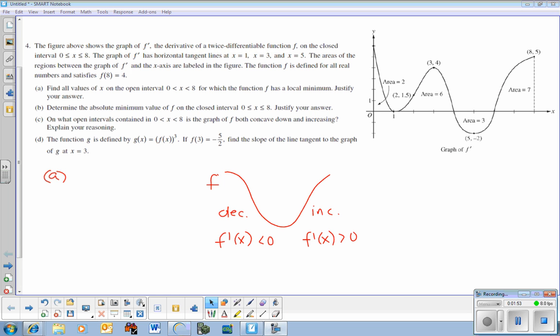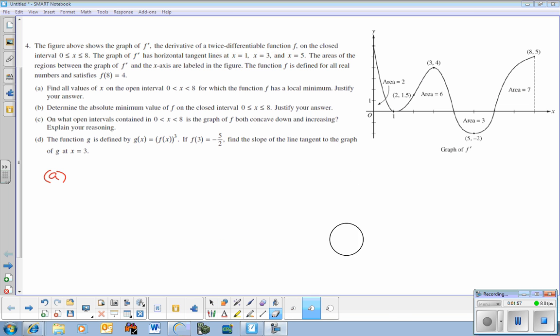So what we're looking for in part A is where does the graph of f prime go from negative to positive? And that happens right here at 1, 2, 3, 4, 5, 6. So x equals 6 is a local or relative min.